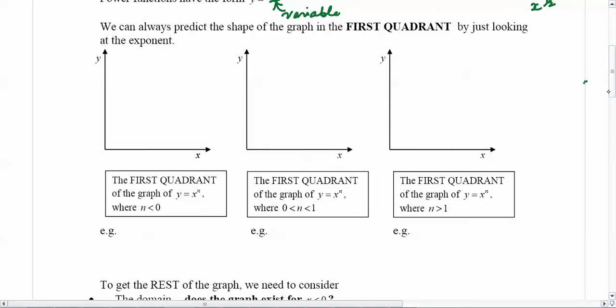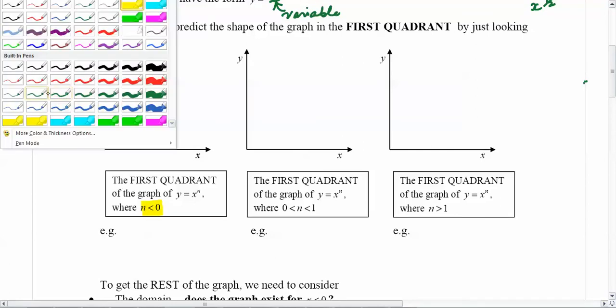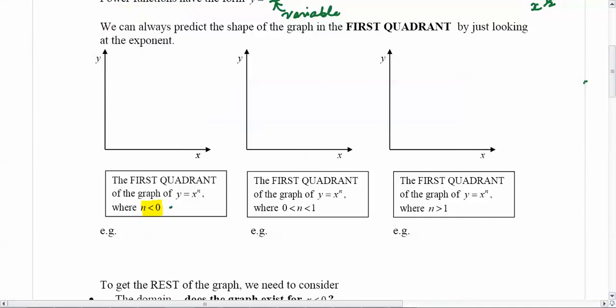Let's look at the leftmost one. What would the graph in the first quadrant look like for y equals x to the n, where n is less than 0? In other words, where n is negative. So we have a negative exponent.